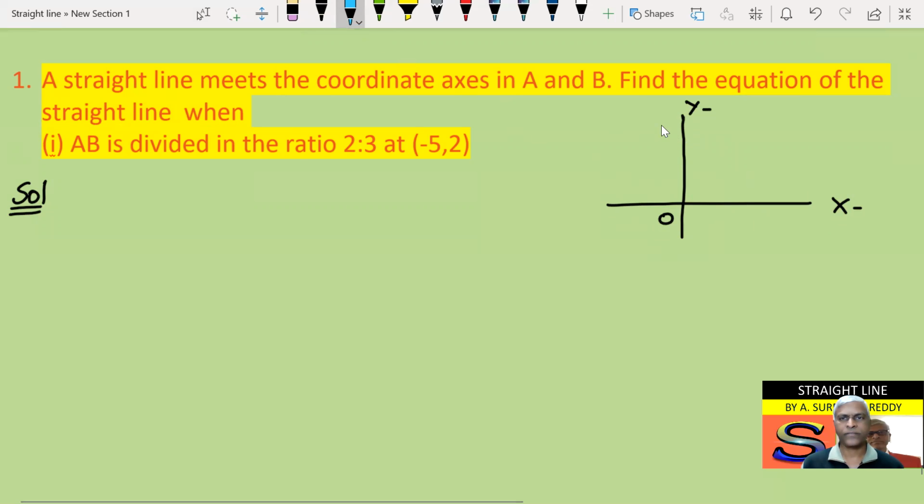A straight line meets coordinate axis at A and B. Let the line meet x-axis at A and y-axis at B.